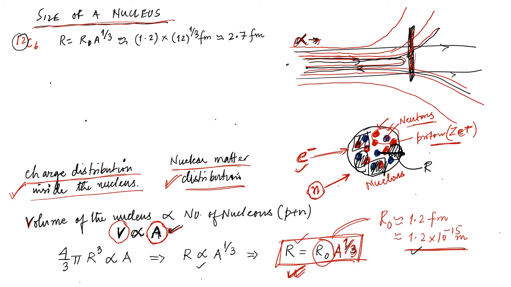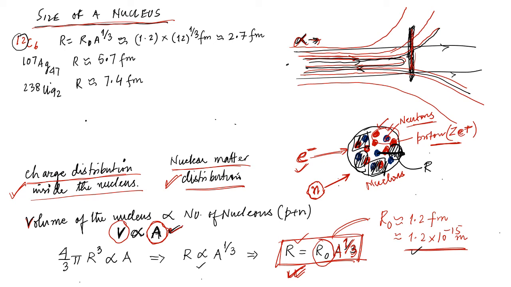It's very easy. Similarly, if you calculate for silver 107, 47, the radius comes out to be 5.7 Fermi. For more heavier nuclei, if you calculate for uranium 238, 92, the radius comes out to be 7.4 Fermi.